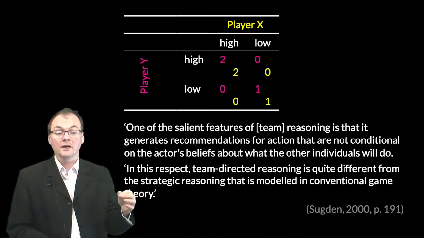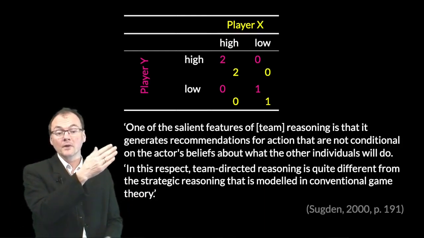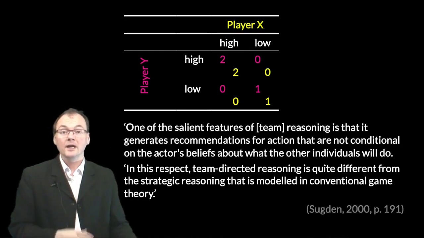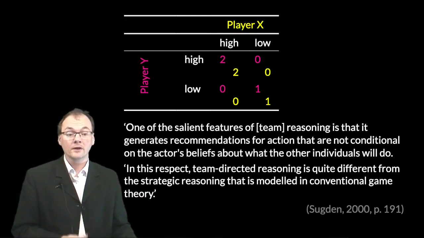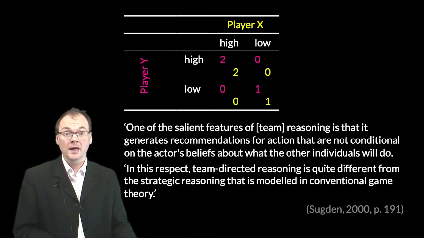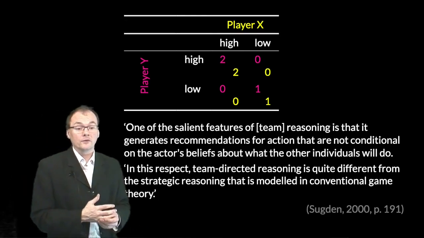Right? That's exactly the thing that got us into the infinite regress before, you remember. So it's by avoiding that we avoid the infinite regress. In this respect, says Sugden, team reasoning is quite different from the strategic reasoning that's modelled in game theory.